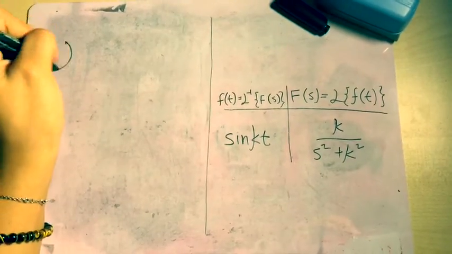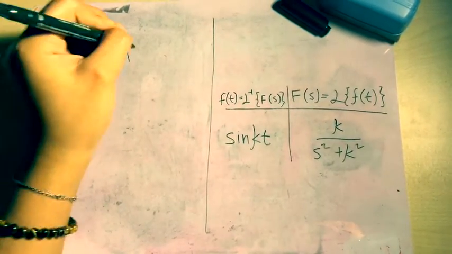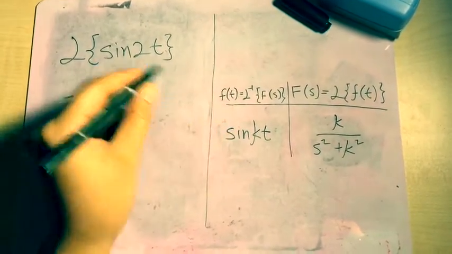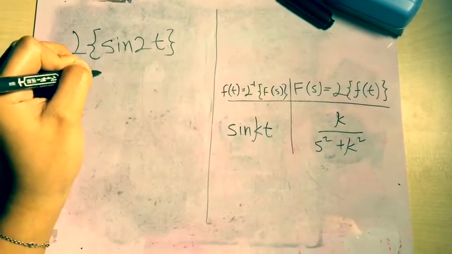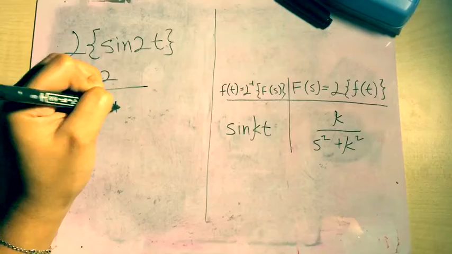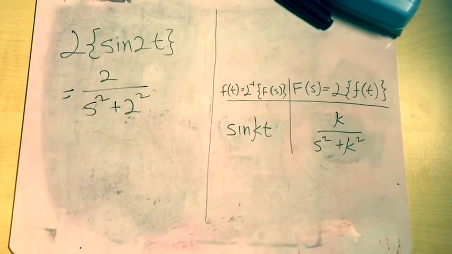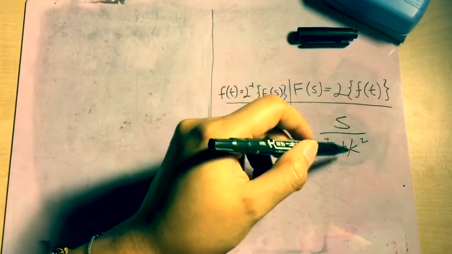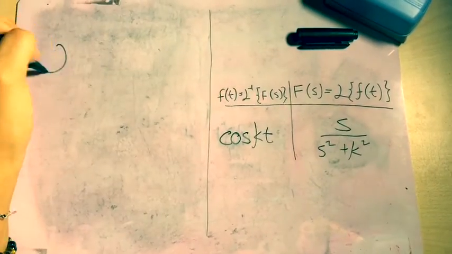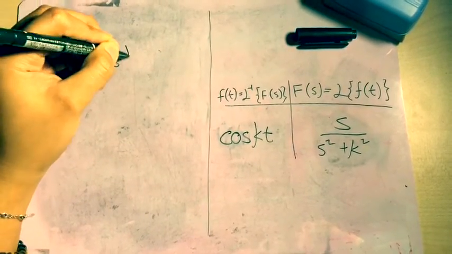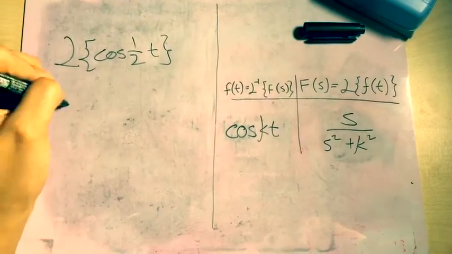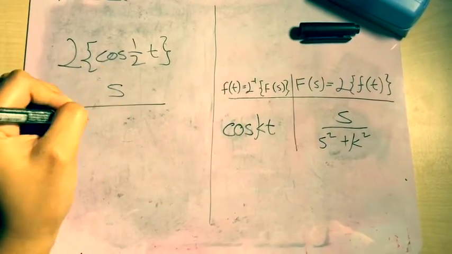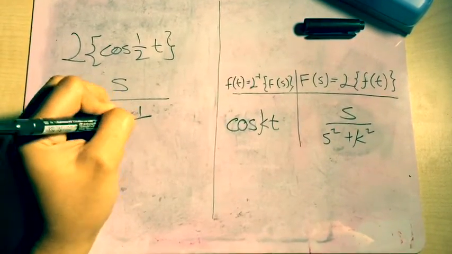Now, if you were asked to find Laplace transform of sine 2t, you just replace the k with 2, so what you'll get is 2 over s squared plus 2 squared. For cosine, however, it will be s over s squared plus k squared. So if you were asked to find cosine half t, the answer, still replacing k with half, will be s over s squared plus k, which is half, squared.